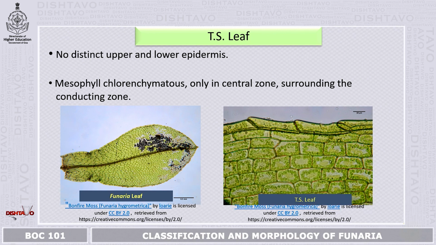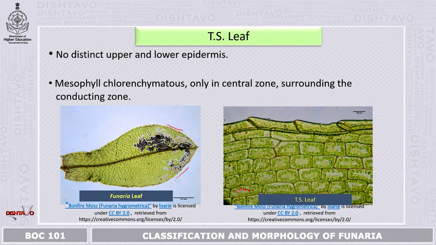Coming to the TS of the leaf. Here you cannot distinguish or differentiate the upper and the lower epidermis. The mesophyll is chlorenchymatous, meaning the plant tissue consisting of parenchyma cells that contain chloroplasts. And these chloroplasts present in the cells help in photosynthesis.